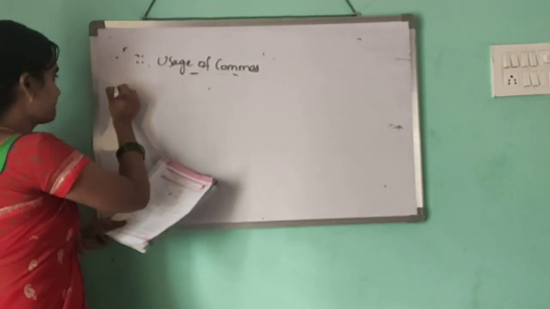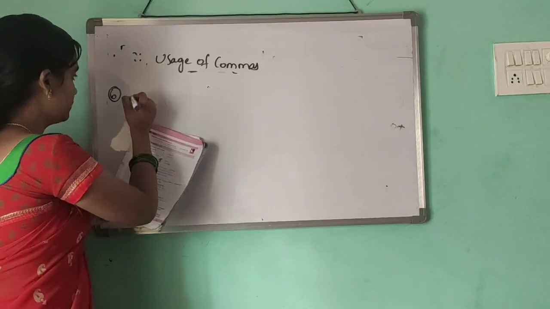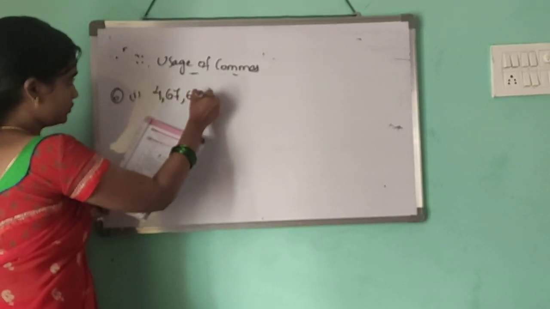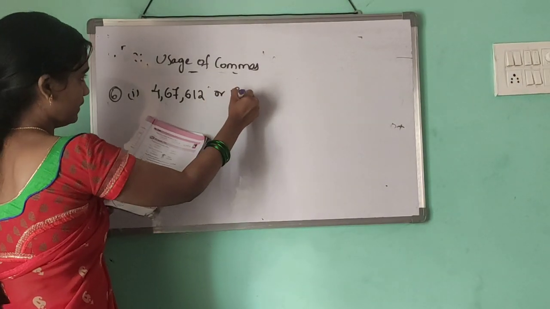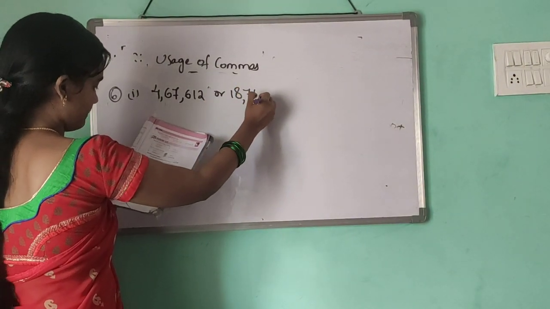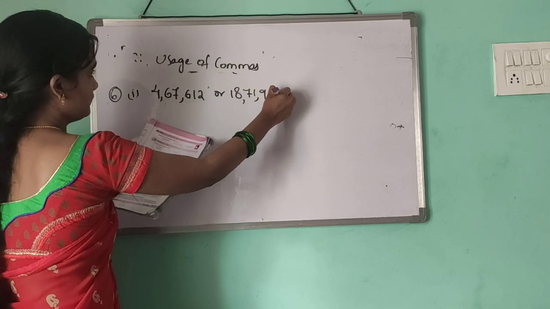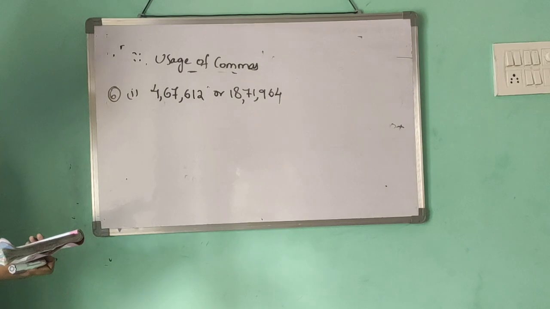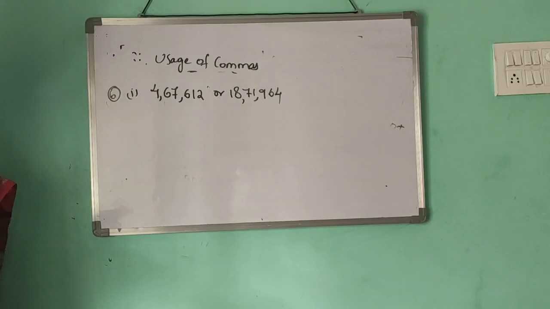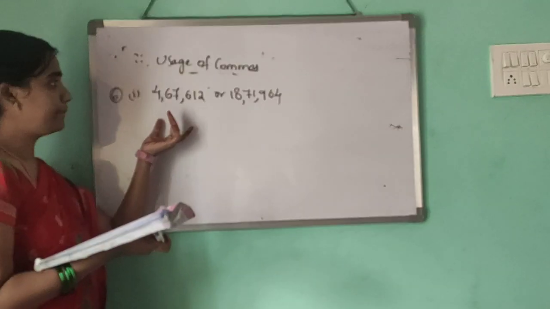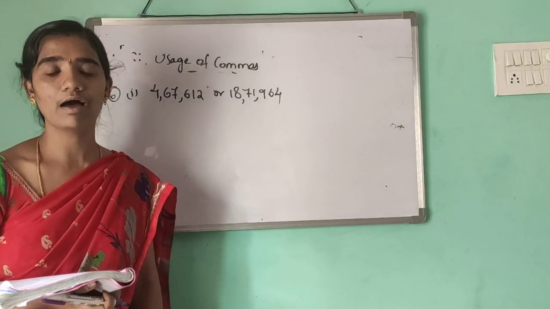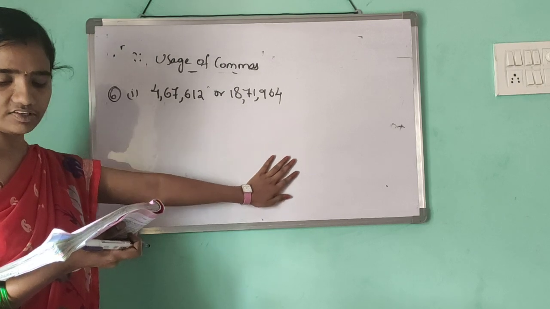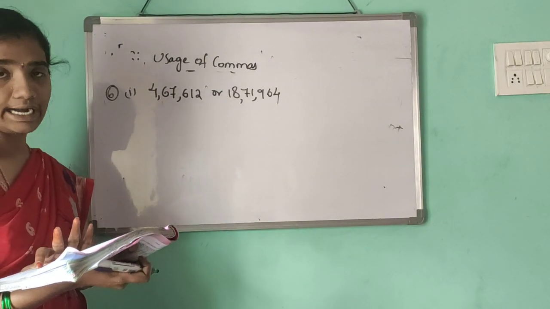Go to the sixth one, first bit. 467,612 or 18,71,964. Which is larger among these two? By comparing these two, which is greater, using the greater than symbol.